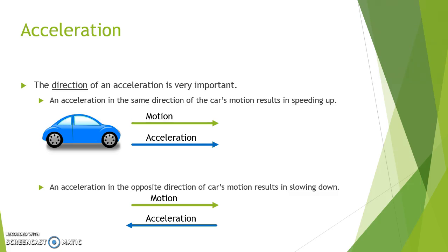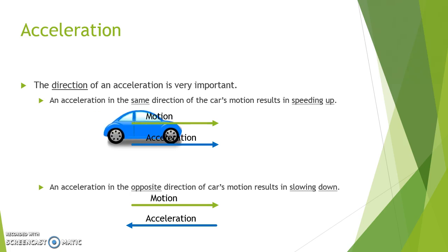All right. The last detail about acceleration is that the direction of it really matters. When we see an acceleration in the same direction as an object's motion, we're going to see that car or that object speed up. So in this little blue car, going forwards, the person steps on the accelerator pedal, and the car is going to begin to speed up.